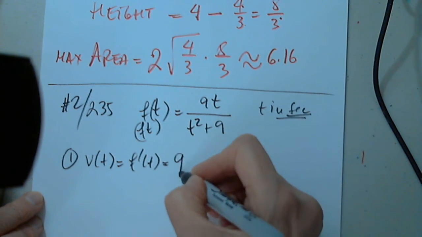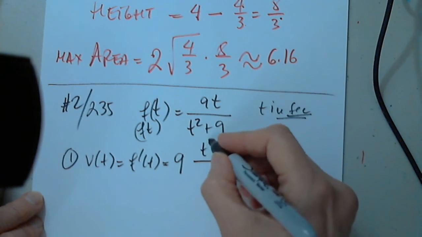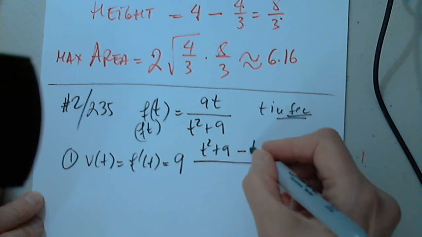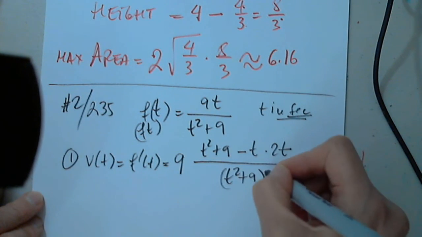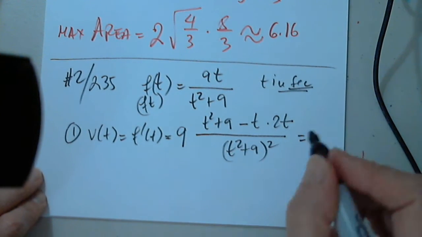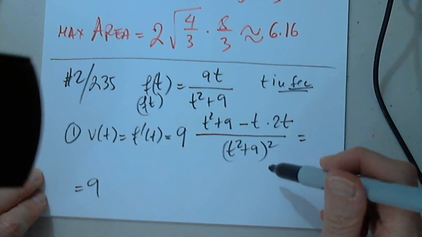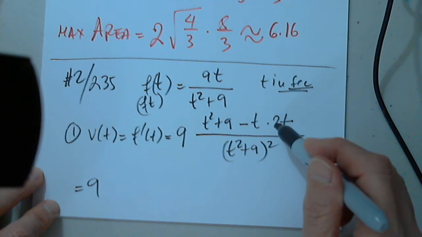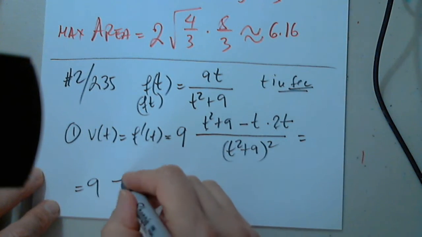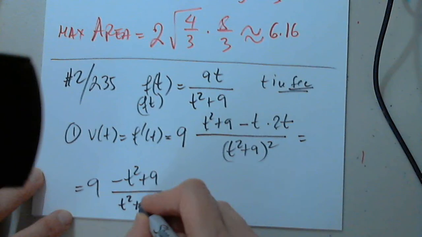Leave 9 alone, patiently waiting. t prime is 1, t squared plus 9 minus t times 2t, over t squared plus 9 squared. For some reason, this rings a bell. I think we did it, but it doesn't matter. So negative 2t squared plus t squared is negative t squared, plus 9, over t squared plus 9 squared.